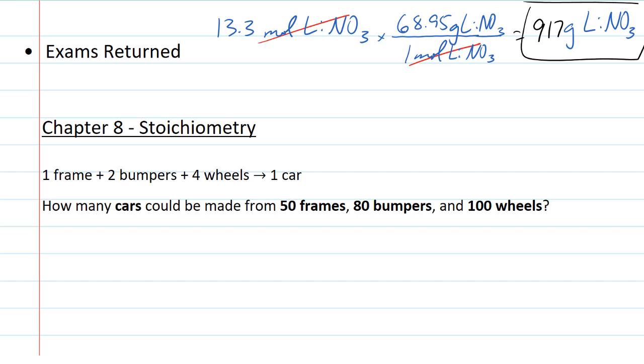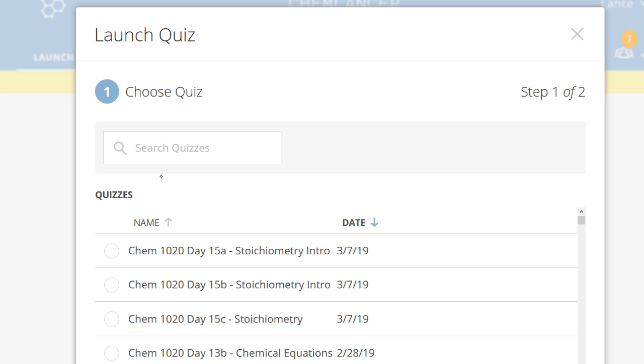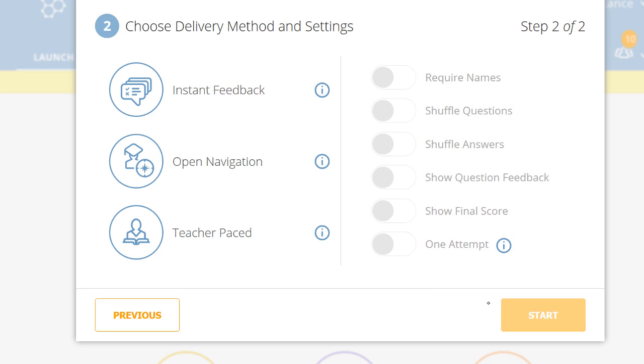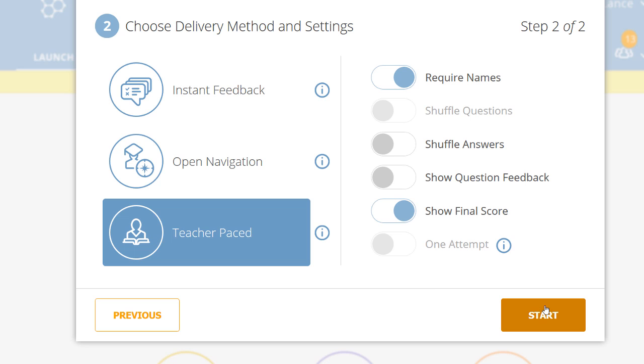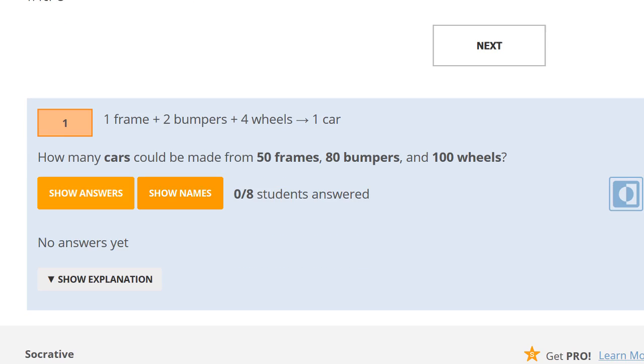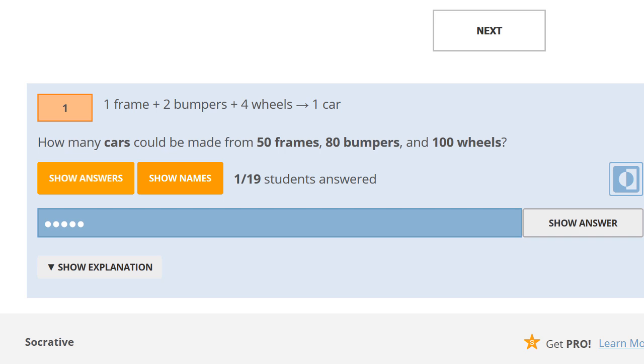So the question is this, don't yell it out here because I think I put this on the Socrative app. How many cars can we make from this many frames, bumpers, and wheels? Feel free to ask your neighbor to see what they think. We had this many frames, bumpers, and wheels. How many cars could we make?